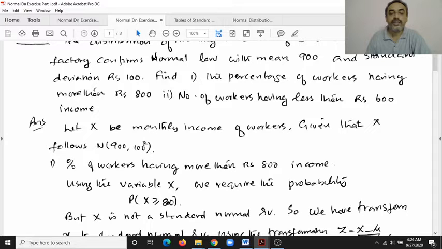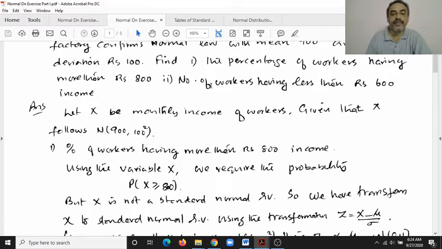Now the first question is to find the percentage of workers having more than rupees 800 income. Since this is a percentage, it is actually a probability. The probability can be obtained by expressing the required event in terms of the variable. The monthly income of workers is represented by x.